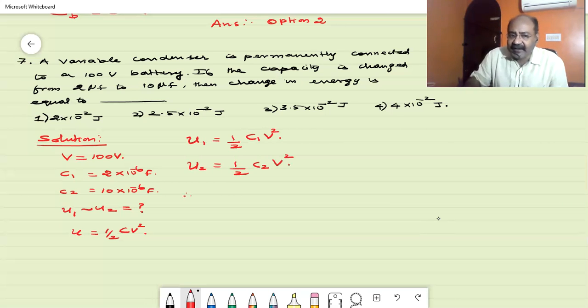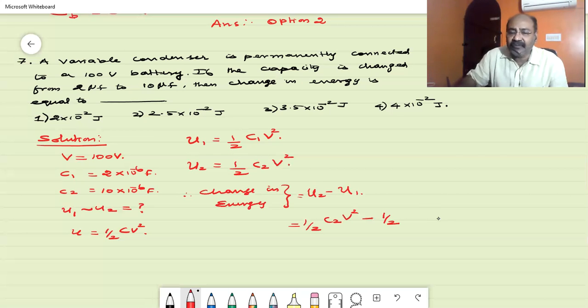So I am calculating the change in energy, which can be got by getting the difference. So change in energy is equal to epsilon 2 minus epsilon 1, so half into C2 into V square minus half into C1 into V square. Let us take this change in energy as delta epsilon. Taking common half into V square, I can get the formula as C2 minus C1.